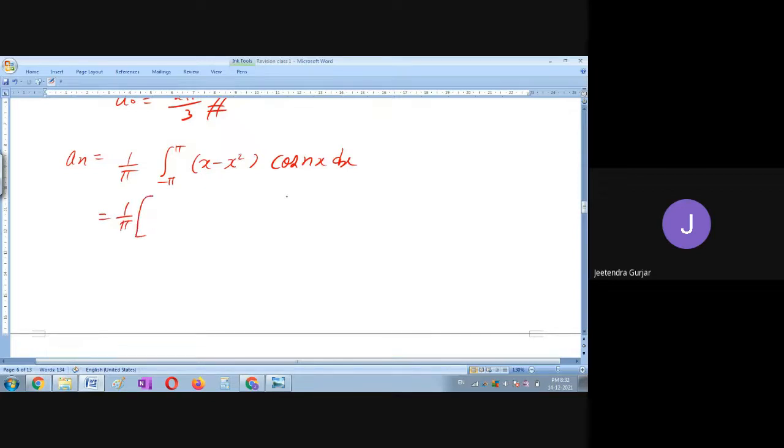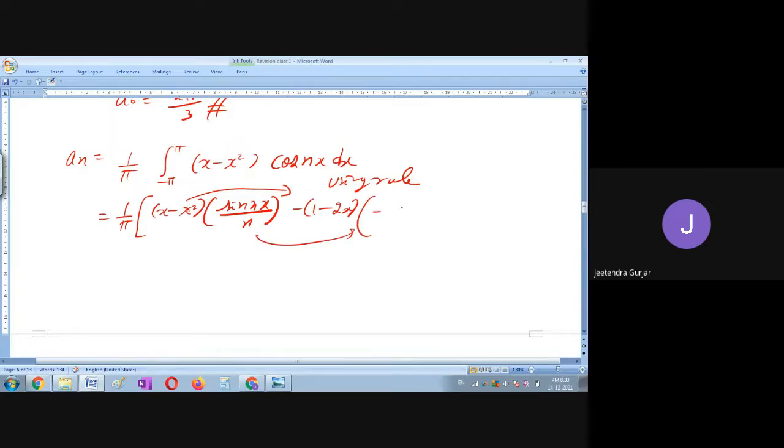Now we are going to use Bernoulli's rule. Keep x minus x square as it is, don't change. Integrate cos nx, so I will just take sine nx upon n, minus, differentiate this, you will get 1 minus 2x, then integrate this, you will get here minus cos nx upon n square.